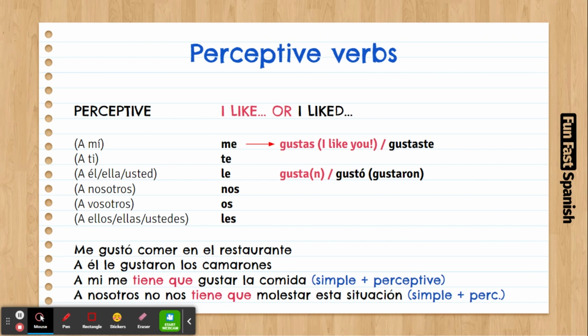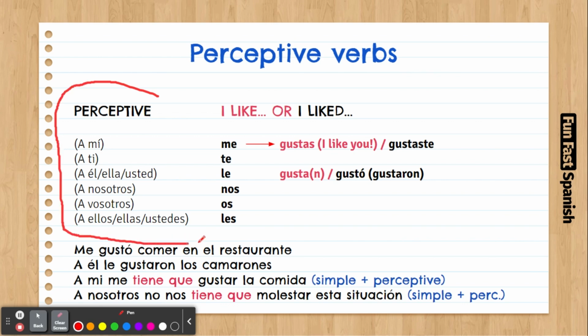So let's remember what this perceptive structure is. This is the perceptive structure here. We said that we use a mí me, a ti te. For third person, we use a él le, a ella le, a usted le.